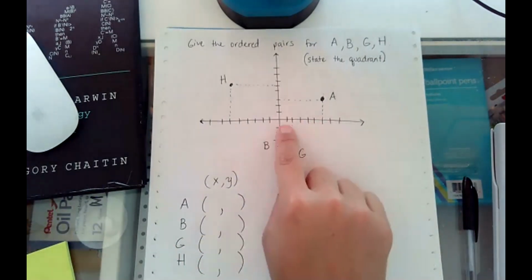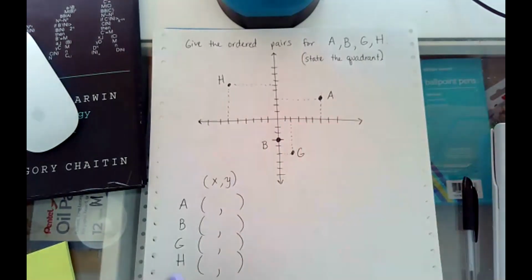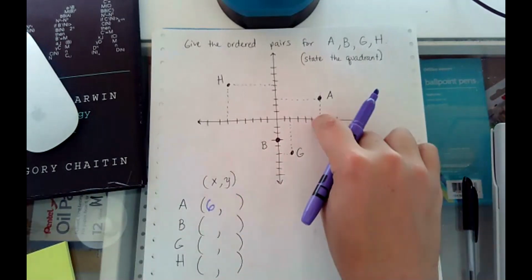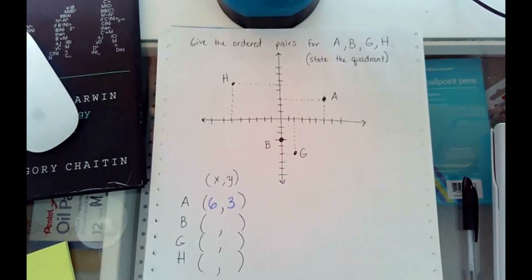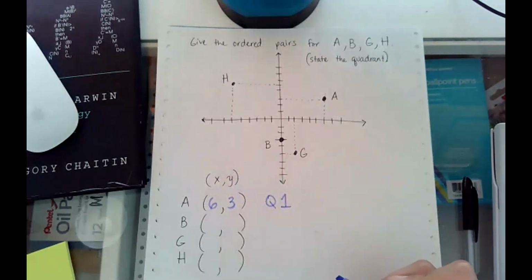Yeah. So we're going positive 6, 1, 2, 3, 4, 5, 6. I counted correctly, so I'm going to put a 6 down here. Positive 6, so I don't have to write a plus sign. And then up 3 in the y direction, so that's positive 3. Cool. And what quadrant are we in for A? 1. Yeah, I'm just going to put Q1 for quadrant 1.